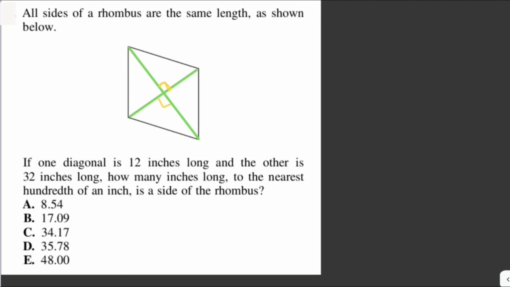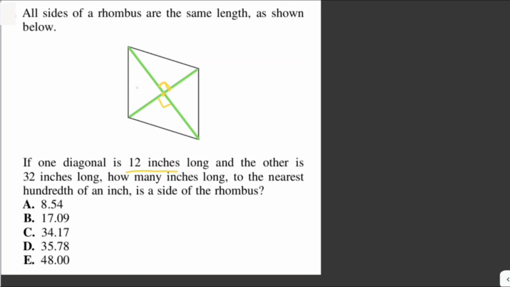The diagonals of a rhombus intersect at their midpoints and form right angles. So it says here that one diagonal is 12 inches long, so that means the shorter diagonal, and the other is 32 inches long, the longer diagonal.